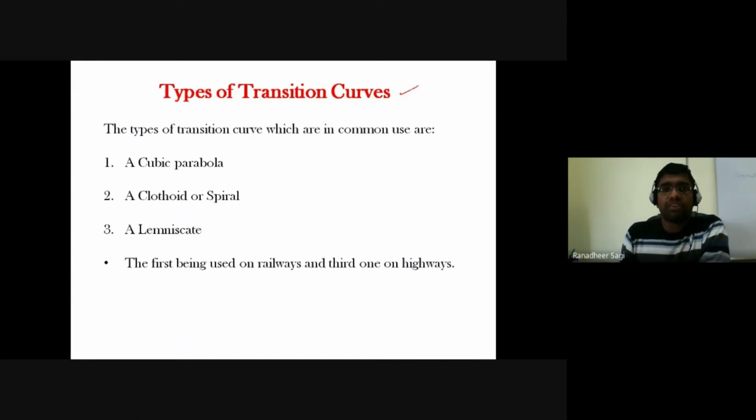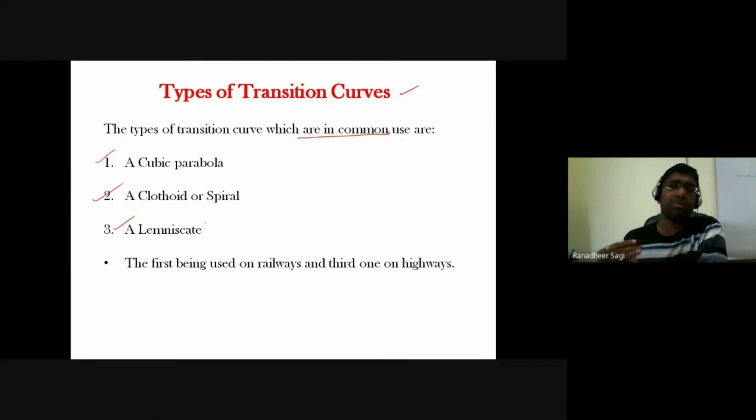What are the different types of transition curves that we are going to be coming across? Most commonly, we are going to come across these different varieties of transition curves, which are commonly used in the alignments of roads or railway tracks. One is a cubic parabola shaped curvature, and the other is a clothoid or a spiral shaped curvature of transition curve, or a lemniscate type of transition curve, which is what we commonly provide.